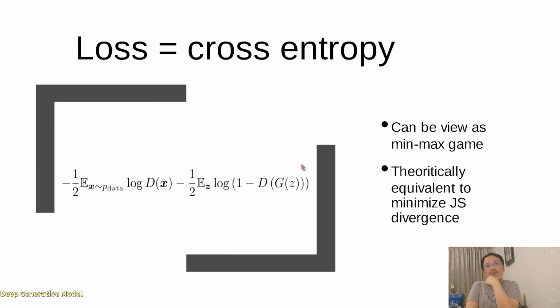This kind of setting is interesting in many different aspects. Theoretically, it can be considered as a min-max game in game theory. These two players in a game are totally against each other. One man's gain is the other guy's loss.